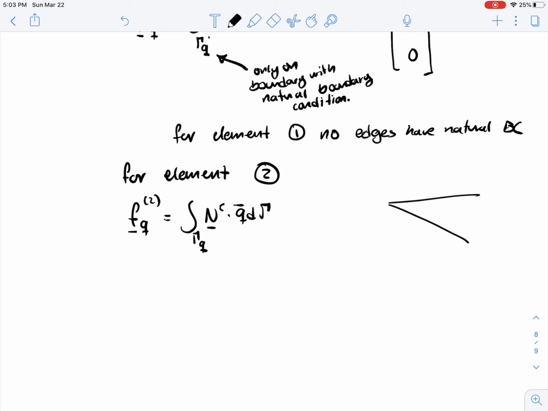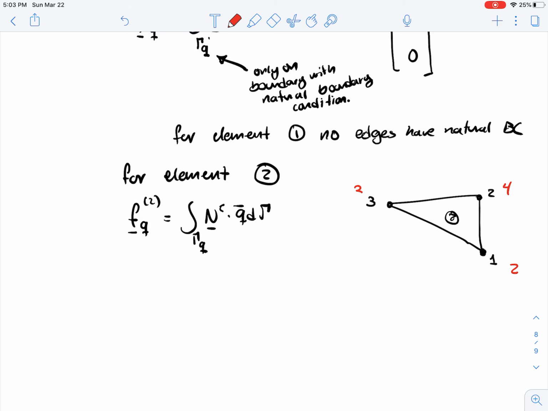Let me just redraw that triangle here. For the second element, this was local node number 1, local node number 2, local node number 3. Global node numbers were 2, 4, and 3.